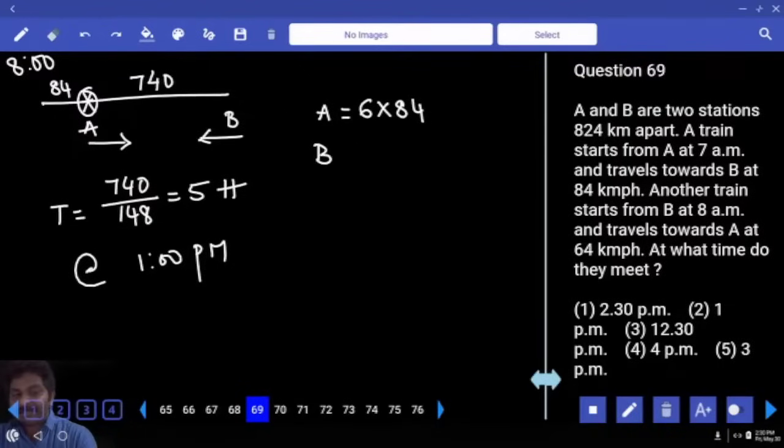From station B, the one started at 8 o'clock. 8 to 1 gap is 5 hours, and its speed is 64. At these respective distances from A and B, they meet each other. Clear?